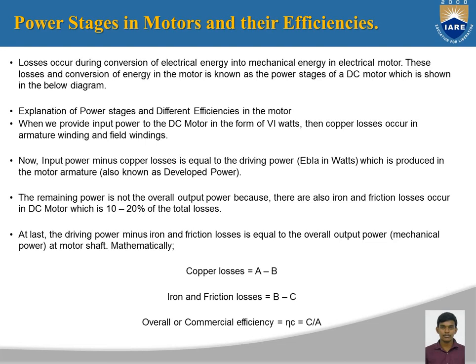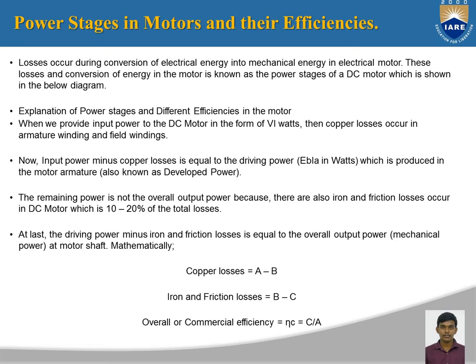Now we are providing input power to the DC motor in the form of watts. Then copper losses occur in the armature winding and field winding. Input power minus copper losses is equal to the driving power. I just want you to know how the losses occur, because sometimes we have to find the losses and later check the efficiency.